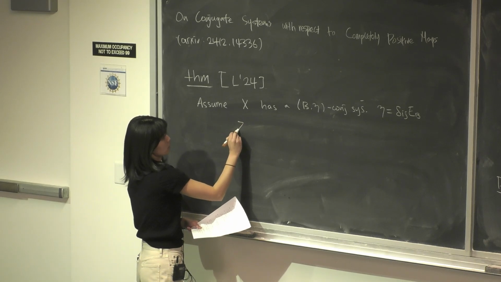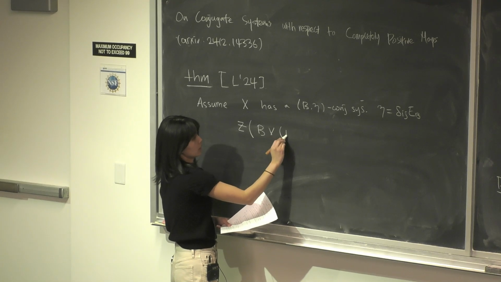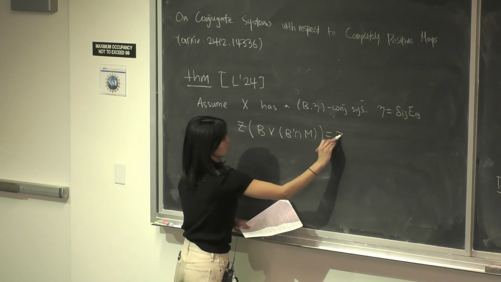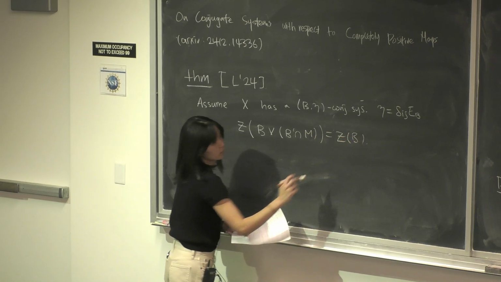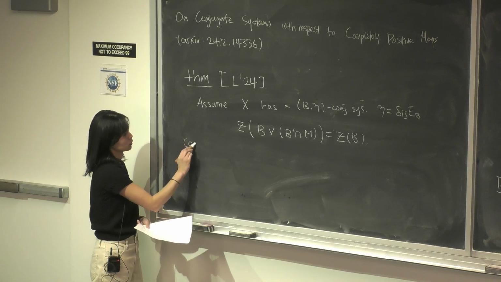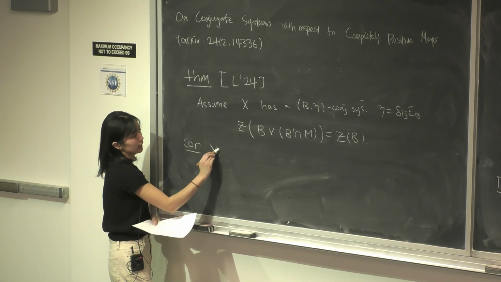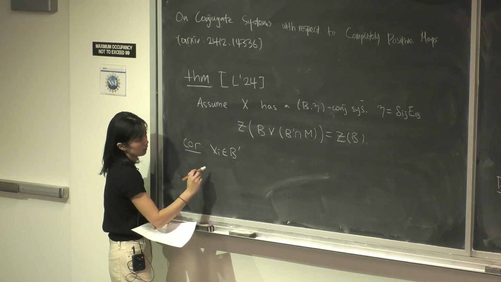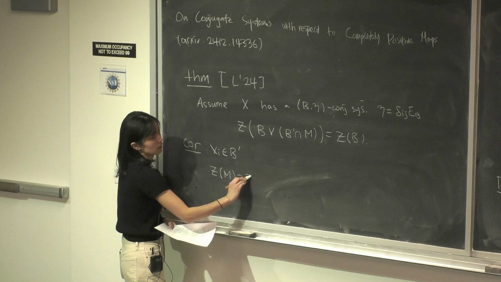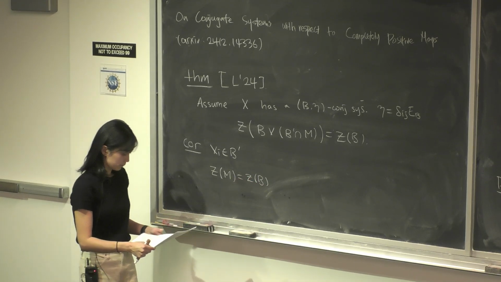Then the center of the polynomial algebra generated by B and the relative commutant of B is the center of B. And from this, we have one corollary. If Xi commutes with B, then the center of M is the center of B. So this recovers Dabrowski's result.